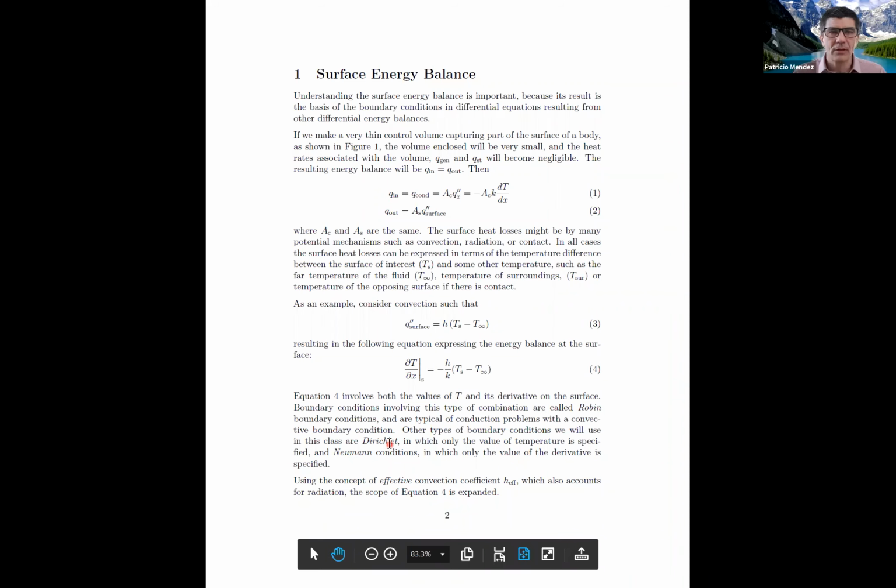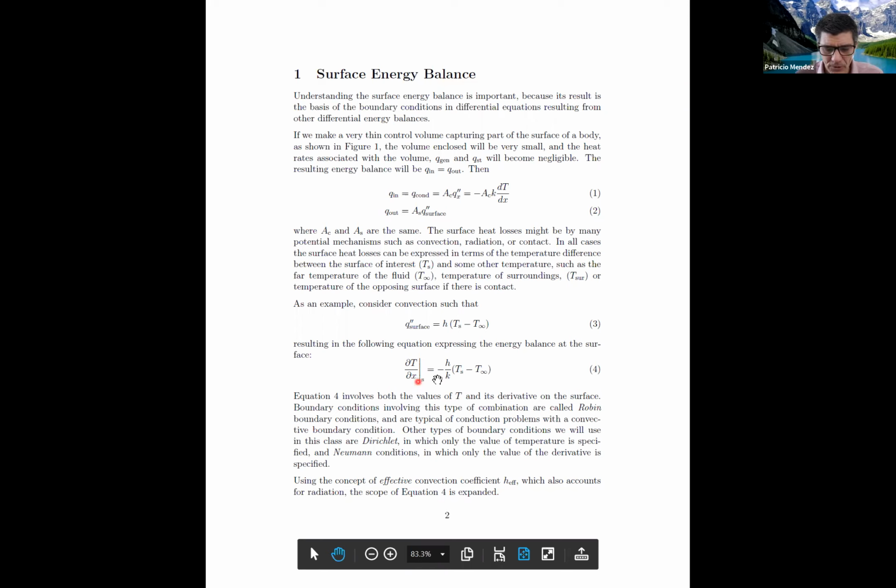There is another boundary condition called the Neumann boundary condition, in which you specify only the derivative, right? And in this case, we're involving the derivative in the boundary condition. We're going to see more on this later on as we start working with these energy balances and solving the equations.